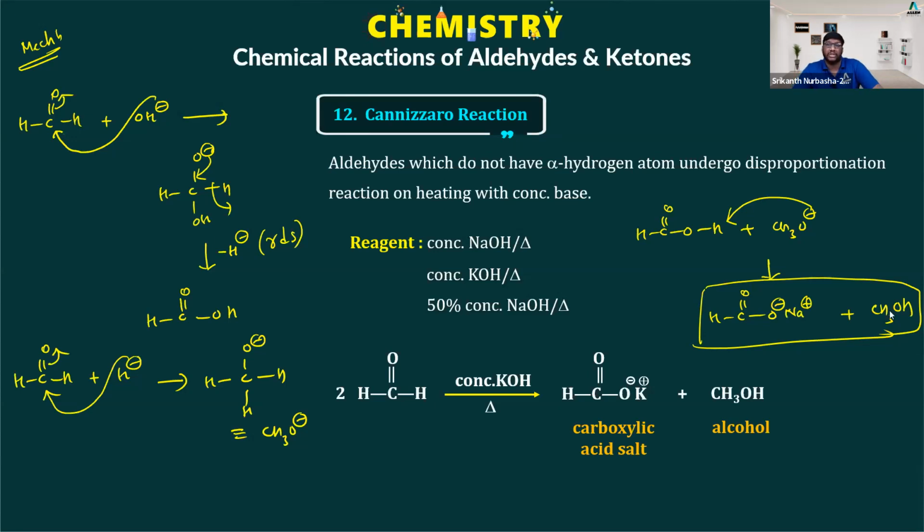Self-oxidation and self-reduction of the aldehydes which do not have alpha hydrogens is called the respective Cannizzaro reaction. Is that clear, students? Yes, sir. Yes, right. And aldehydes which do not have alpha hydrogens undergo disproportionation reaction, self-oxidation reduction, to form respective alcohol and carboxylic acid.